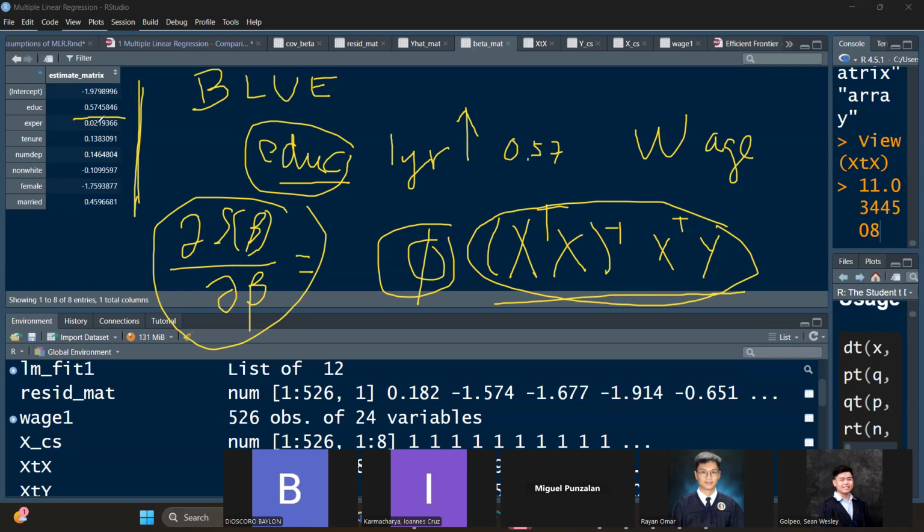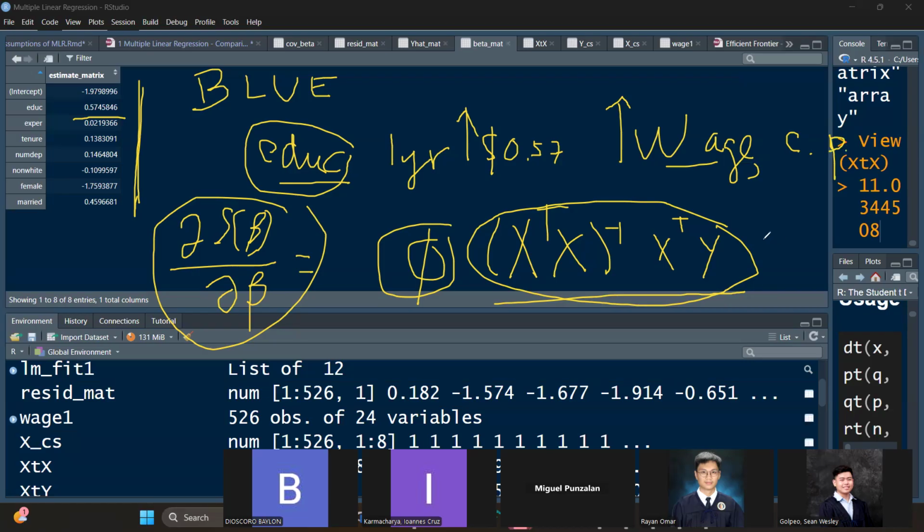Okay, so back to the meaning, class, $0.57. I just rounded it off to 0.57. For every 1 year increase in education, why did I use year? Because education is in years. There's a corresponding $0.57 increase in wage, ceteris paribus, class, CP.